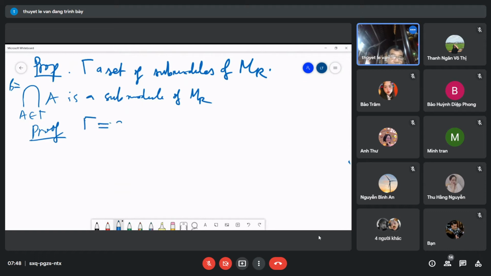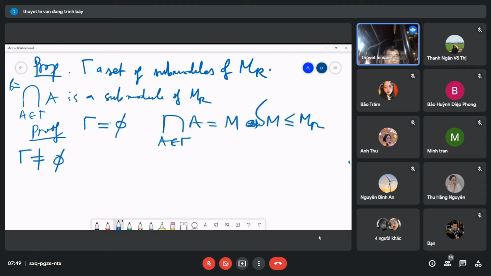The first case is gamma equal to the empty set, and then you prove that B is a submodule of M that I have written. Okay, I only say something like this to you.